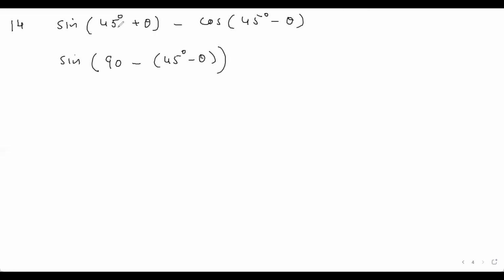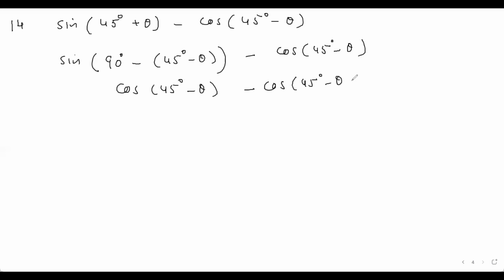Write it like this. 90 degree minus this angle is equal to this angle. So sine 90 minus 45 minus theta is equal to this angle. So instead of this, I have written this, minus cos 45 degree minus theta. This is cos 45 degree minus theta minus cos 45 degree minus theta. This and this is cancelled. Answer is 0. This is an important question.